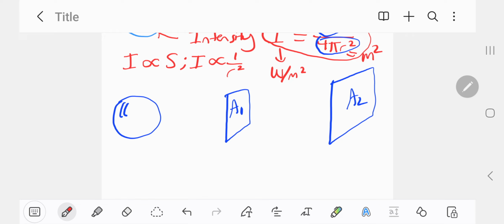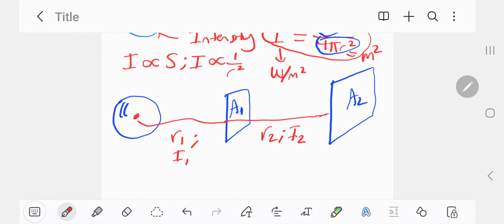Let's try and relate the intensity of light at 2 different distances from the same point source. So here's the point source here. Now let's suppose at a distance of r sub 1, the intensity is I sub 1. And the distance from the point source to area 2 is r sub 2 and the intensity is I sub 2.